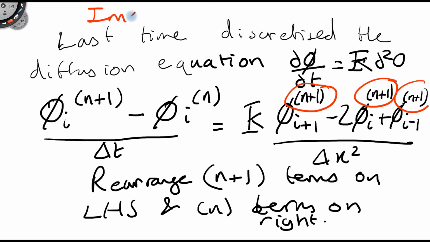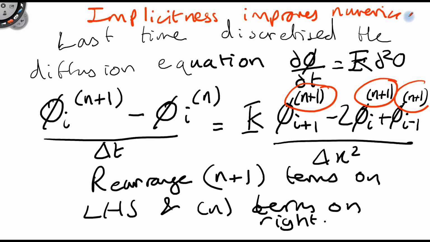So implicitness improves numerical stability, and more on that later in the module. By making it n plus 1 rather than n, it's important. But the consequence of that is that you can't step it forward in an explicit way without matrices. You have to rearrange it and make a matrix equation.